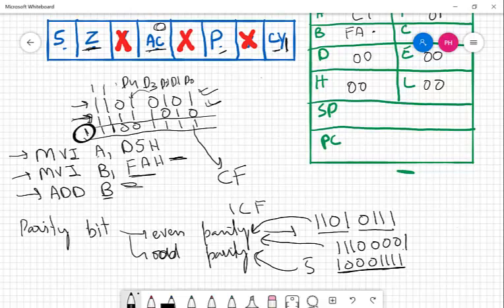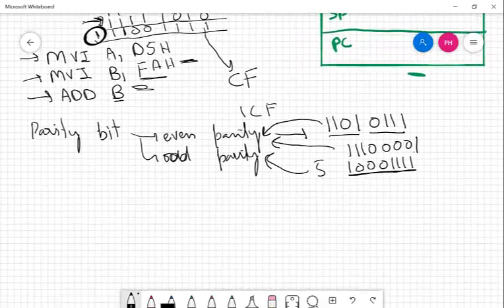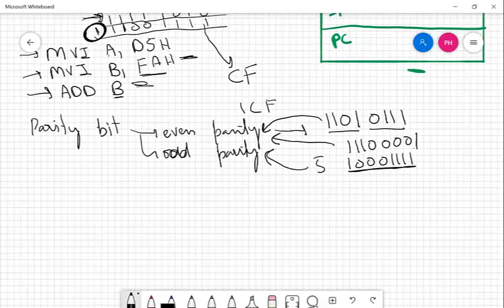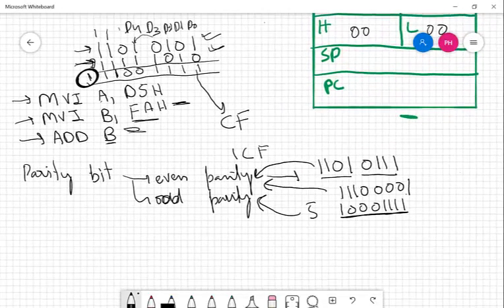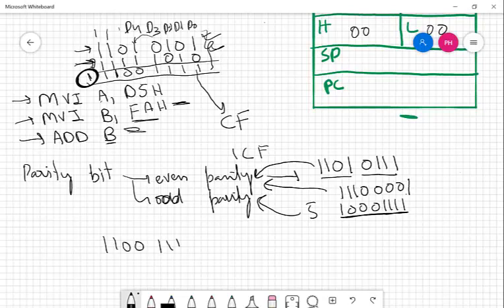So what does this parity bit do? It checks the parity of the result that is stored in the accumulator. When I add two numbers, for example, the above two numbers, the result in the accumulator was 1100 1111.